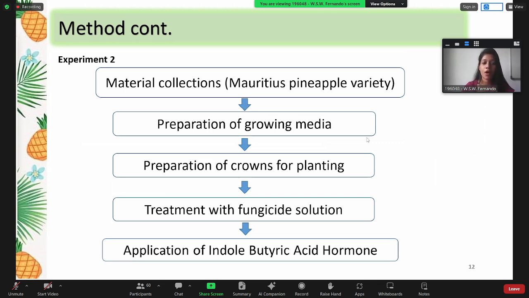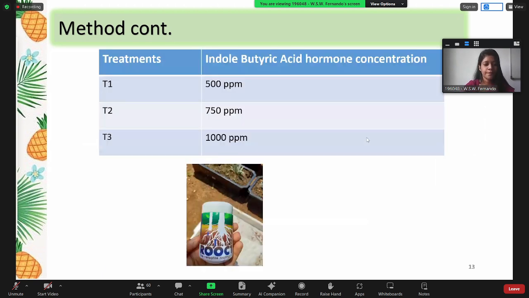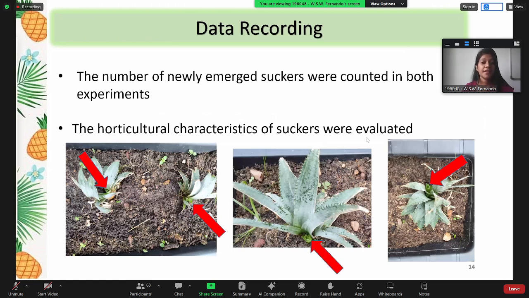Then all the collected crowns were prepared by removing apical bud and split into 2 sections. And then all the prepared crowns were treated with fungicide solution. After that, indole butyric acid hormone was applied in 3 concentrations. You can see it in the table. In the process of data recording, after 1 month of planting, the number of newly emerged suckers was counted in both experiments, and the horticultural characteristics of suckers were evaluated.